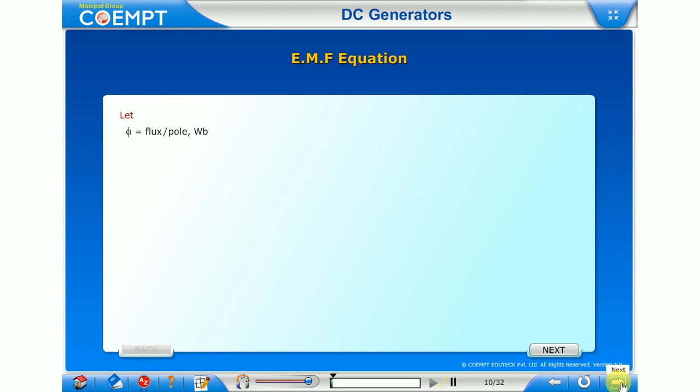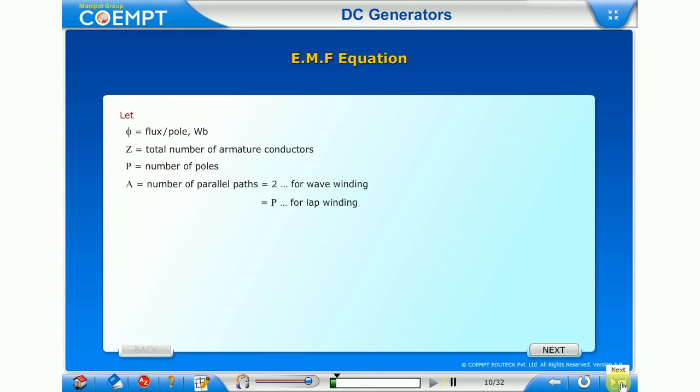Derivation for generated EMF EG. EG depends on the following factors: the magnetic flux phi in Webers, the speed of the machine in revolutions per second or revolutions per minute, and a constant that depends on the construction of the machine.